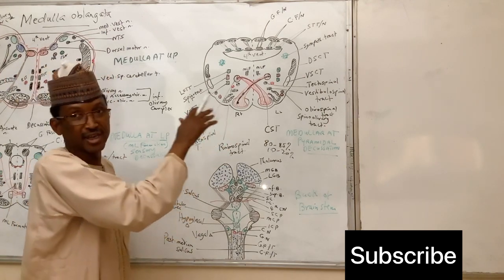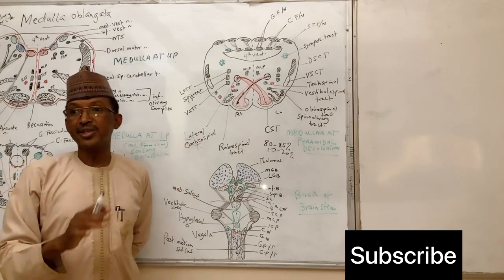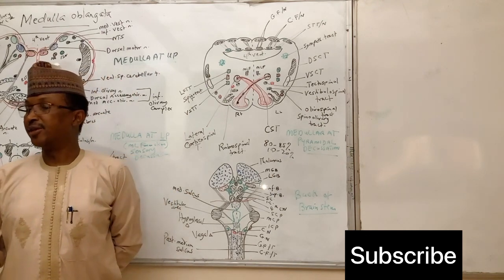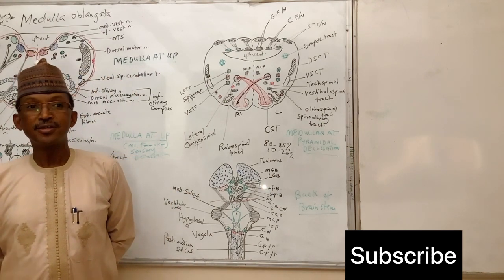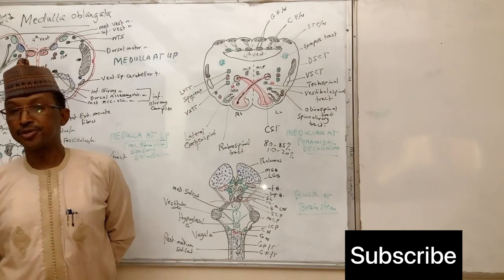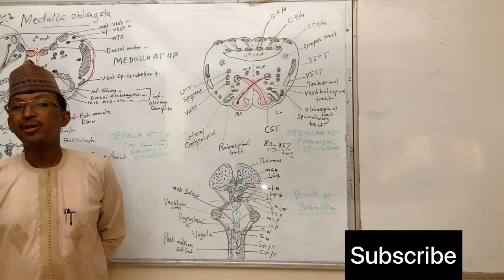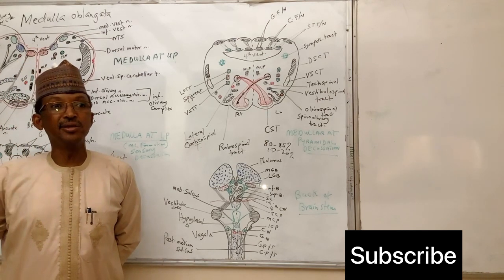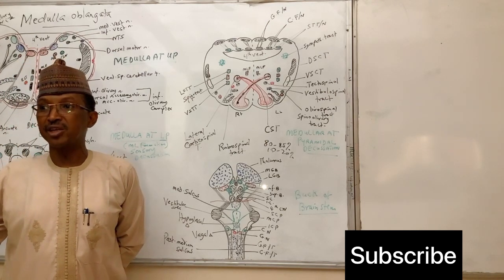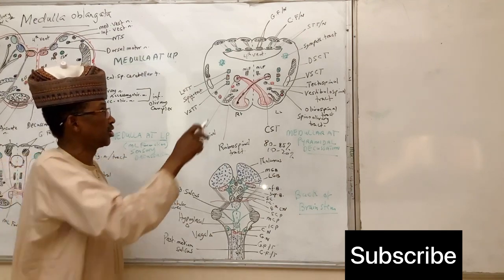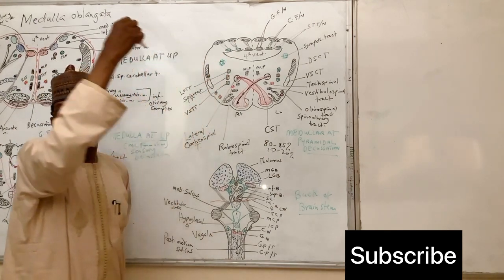And in all the sections, whether sections of the midbrain, sections of the pons, or sections of the medulla at any level, probably I didn't mention it in the previous lectures, you are going to see this sympathetic tract coming from the hypothalamus.